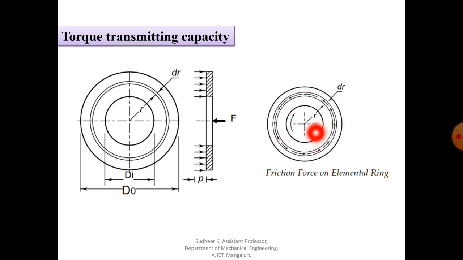It is an elemental ring at a radius r with thickness dr, on which acts the friction force. This is the friction disc, so we consider a small elemental ring at a radius r having thickness dr.